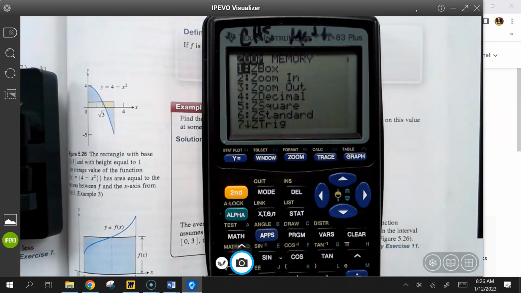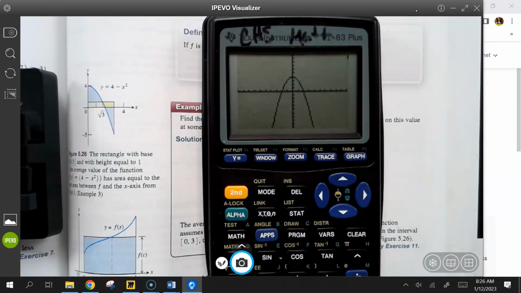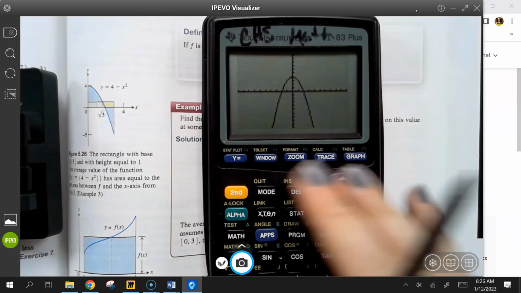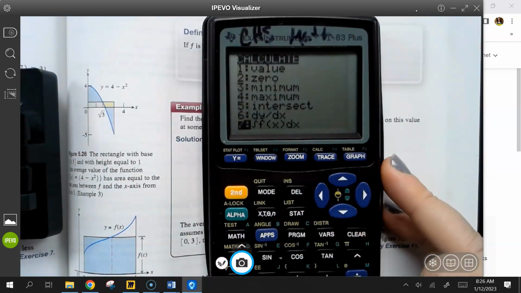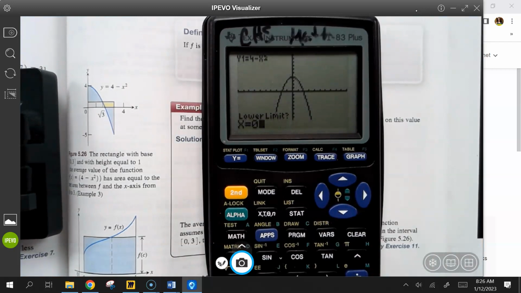I like the graph. 6. And then I'm going to go second trace, and I'm going to choose number 7 from 0 to 3. And I get 3.